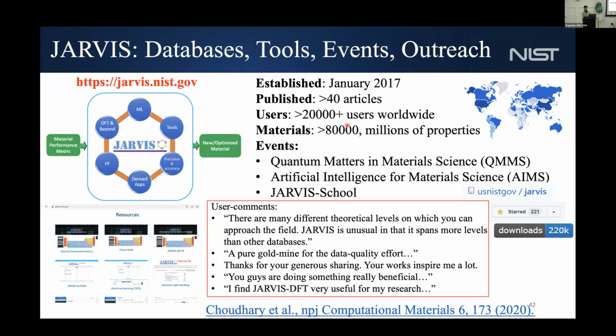JARVIS is meant to focus on a smaller number of materials, but really try to expand on the number of properties, expand on the convergence of the density functional theory calculations, and expand on the accuracy as well. This is a different goal than other databases such as the Materials Project. If anybody saw the news recently, Google DeepMind and Microsoft have had millions of DFT calculations just focused on the convex hull.